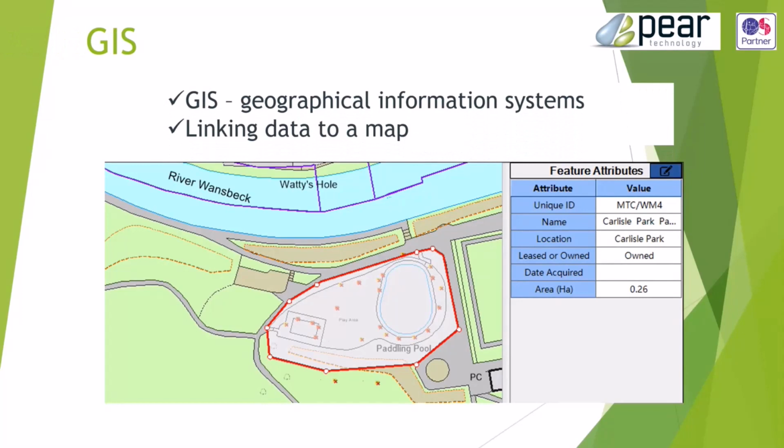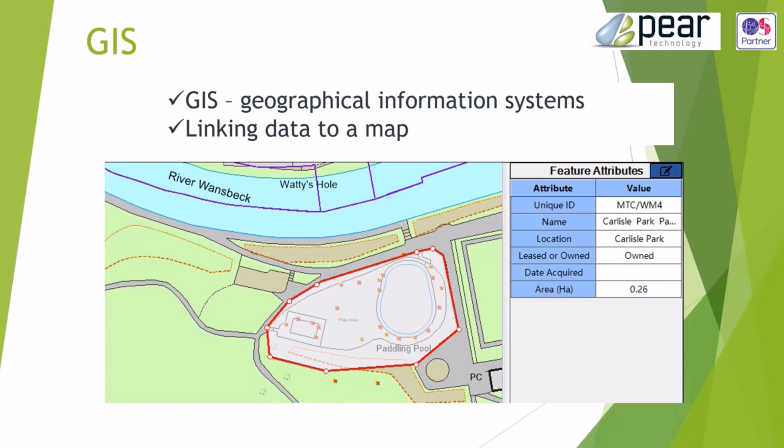So I've mentioned GIS a number of times. That stands for Geographical Information System. And what that means is the ability to link data to a map. So here, just to give you an idea, is an area of land in Carlisle, by the looks of it.